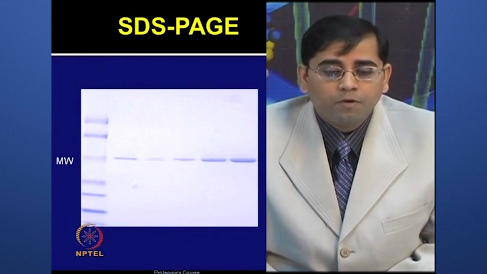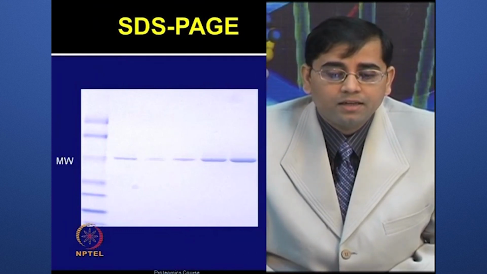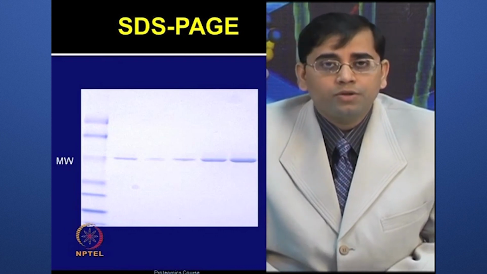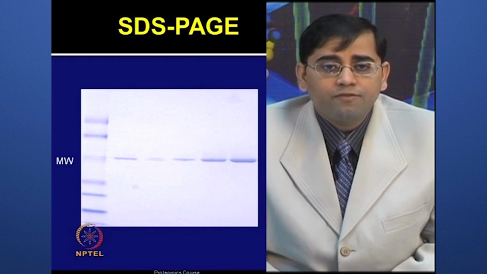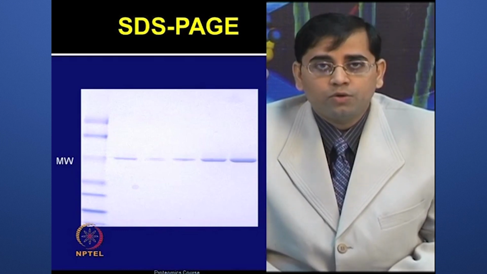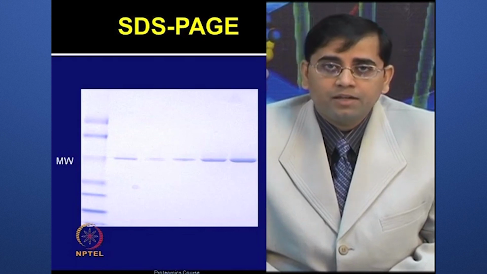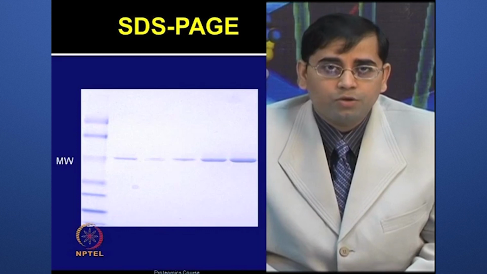I am showing you one SDS PAGE image in which, from left to right, the first lane is the standard of known molecular weight. In this well you can see at least 5 or 6 bands. These are the known molecular weights, sometimes ranging from 150 kilodalton to 10 kilodalton.